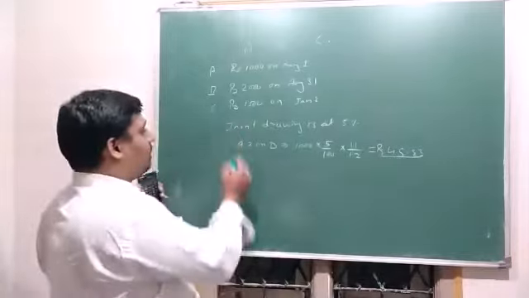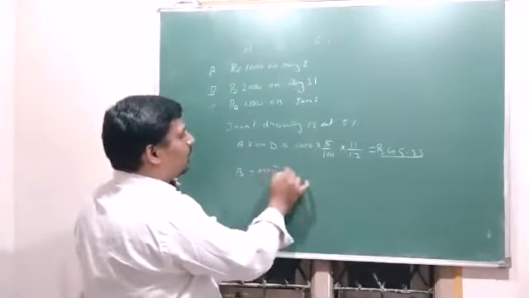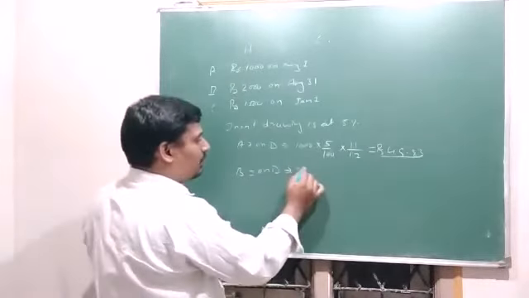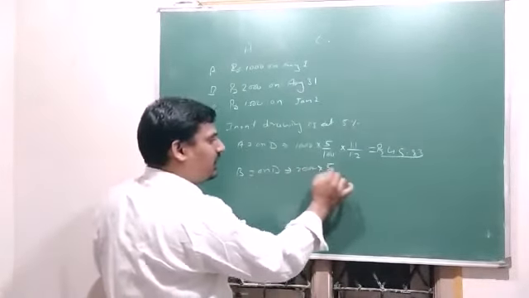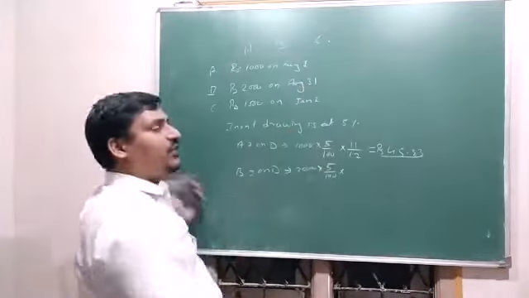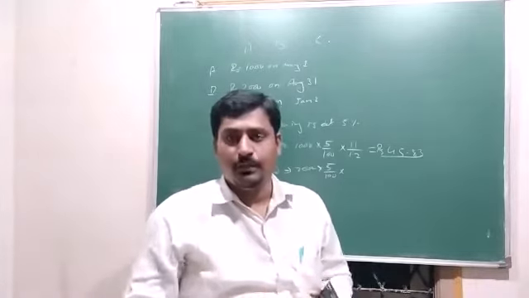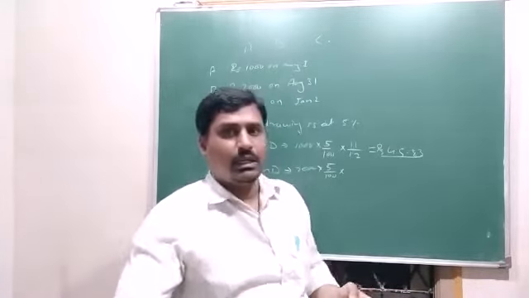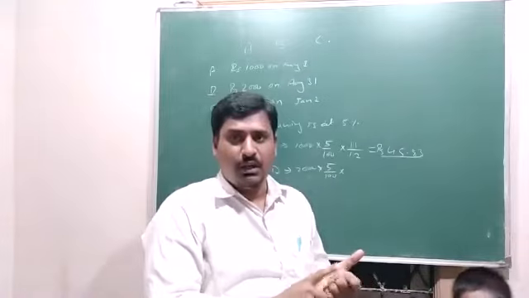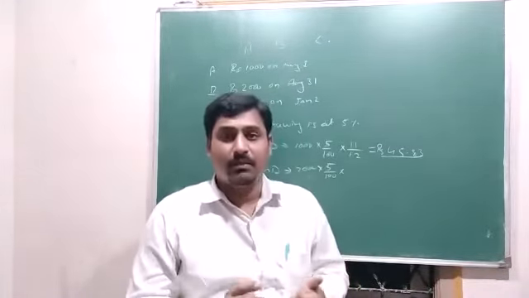And next B. B has withdrawn 2000 rupees and the rate of interest is 5%, 5 divided by 100. Then on 31st of August he has withdrawn the money. So August has gone; from September, October, November, December, January, February, March, 8 months.